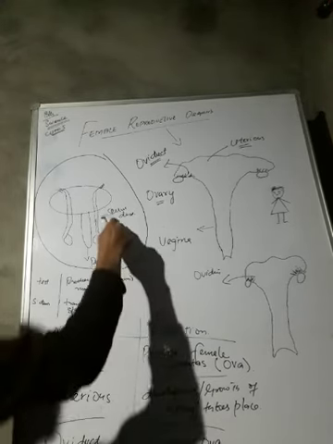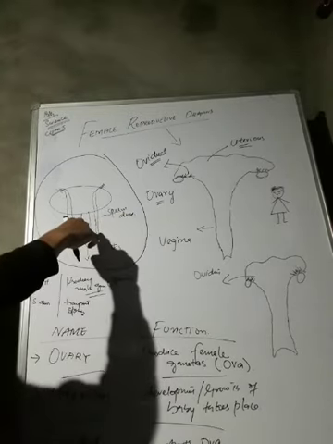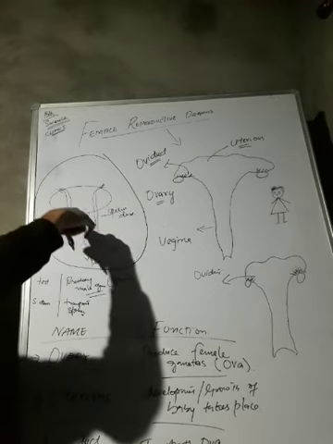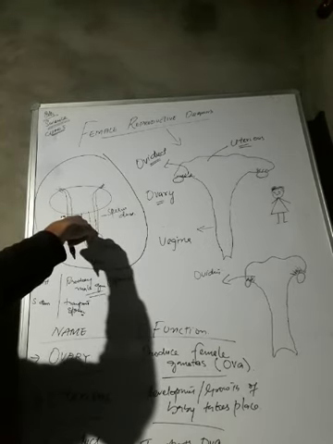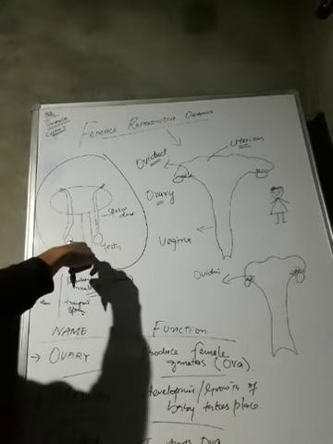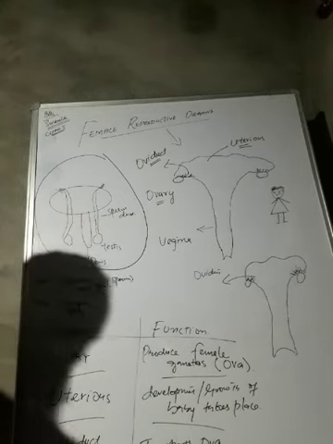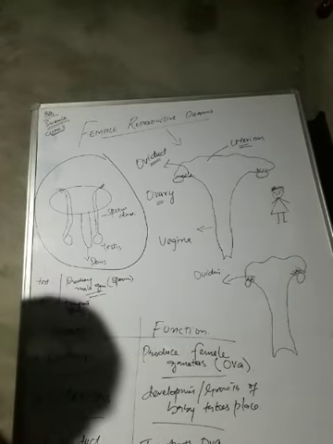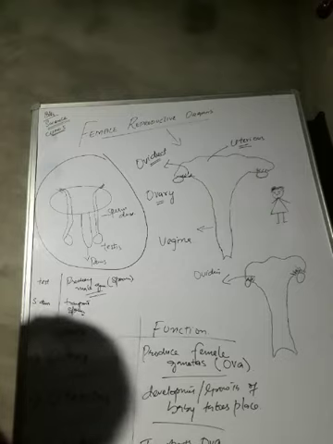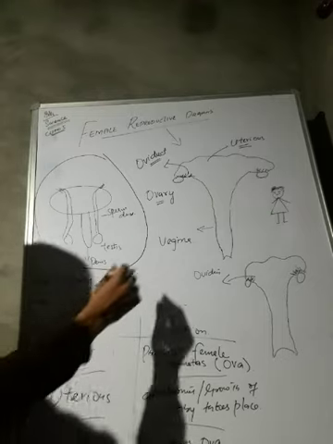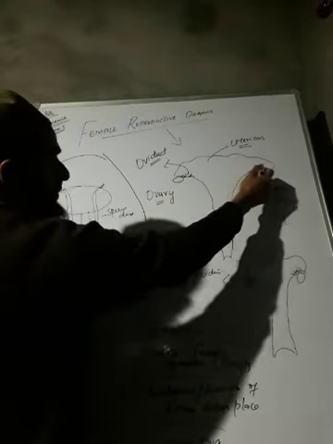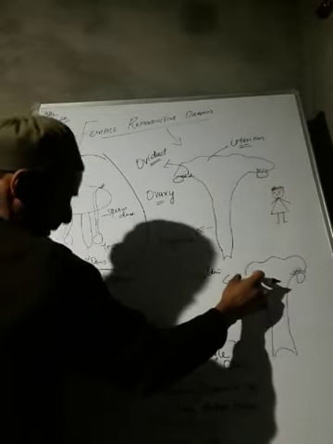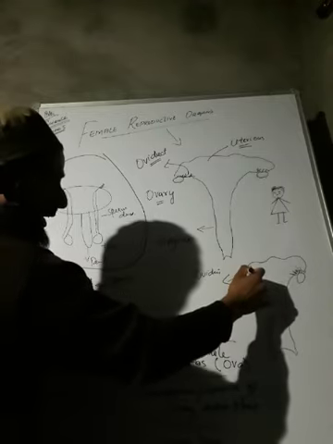Just like the sperm duct transports the sperm from the testes to other organs of the male reproductive system, the same is here. The oviduct plays the role of transportation of the ova from the ovary to the uterus.